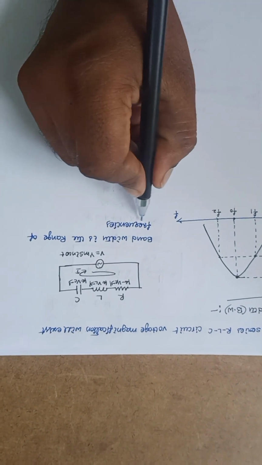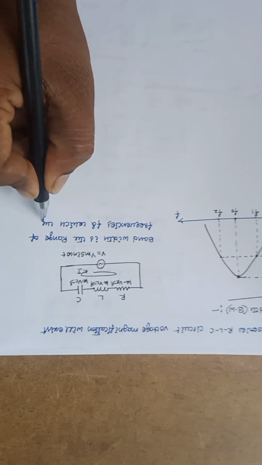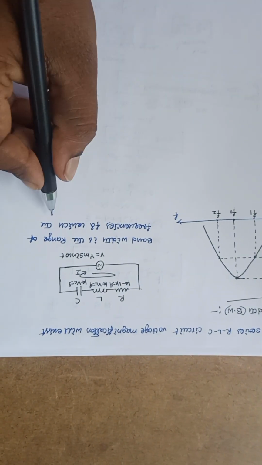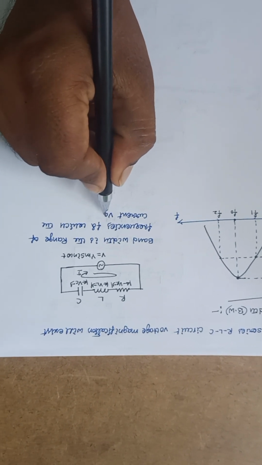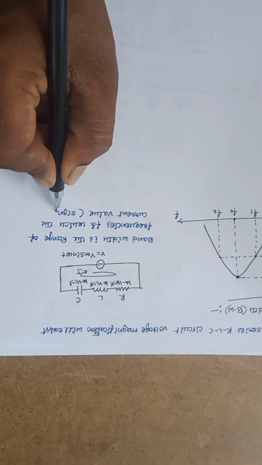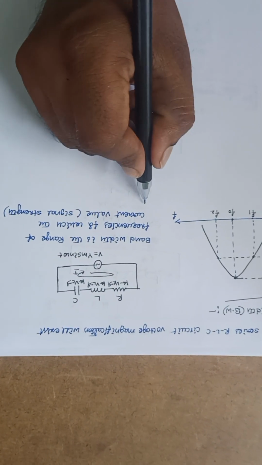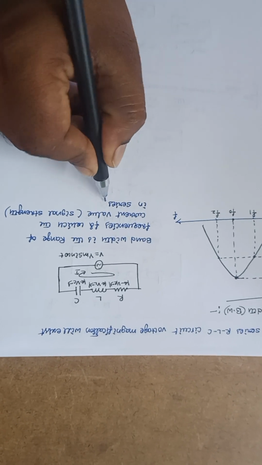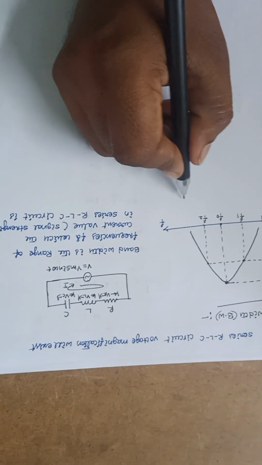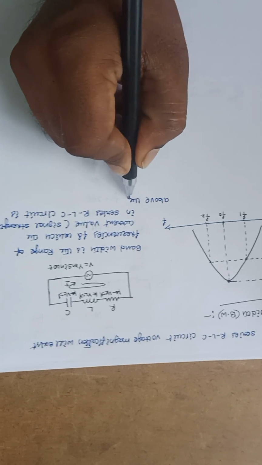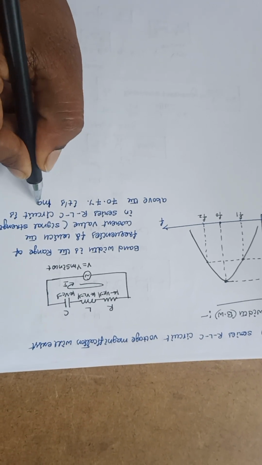Let me explain. Range of frequencies for which the signal strength, or the current value, or in brackets signal strength, current value in a series RLC circuit is above the 70.7% of its maximum value.